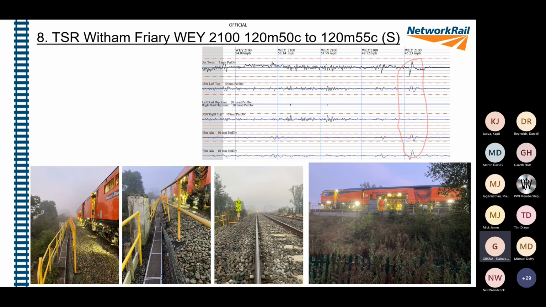Okay, not bad. So this next one is quite similar to the TSR at Jocks Bridge. It comes on in the summer months pretty regularly, year to year. You can perhaps see in the bottom left-hand picture that the fencing is kind of leaning to the cess.